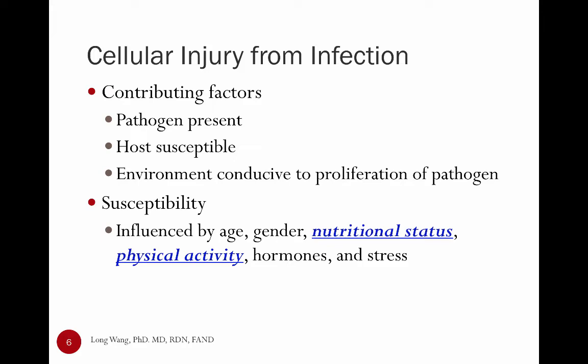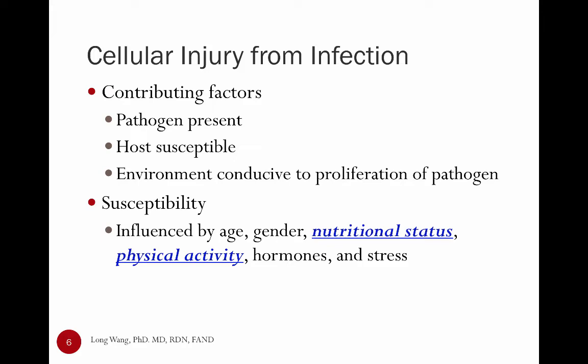For example, we want the air of the room to be fresh. We want a certain ventilation going on. We don't want the temperature to be too high or too low, things like that. So the susceptibility of the host is influenced by many factors.